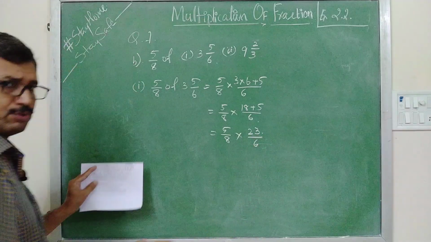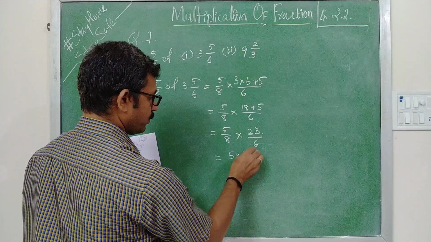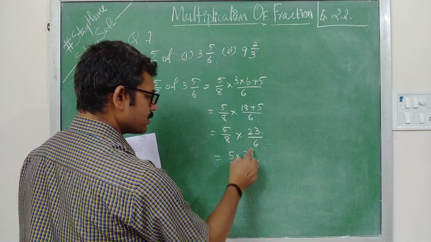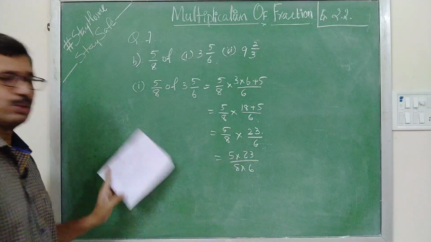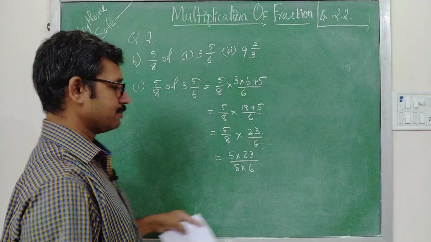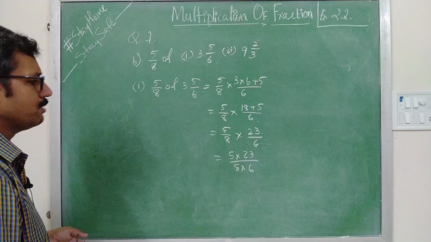Now here you can see whether anything can be cancelled, 5 into 23 upon 8 into 6. If it is possible to cancel anything, you do, using a table. Here there is no such table, so directly we will multiply it.